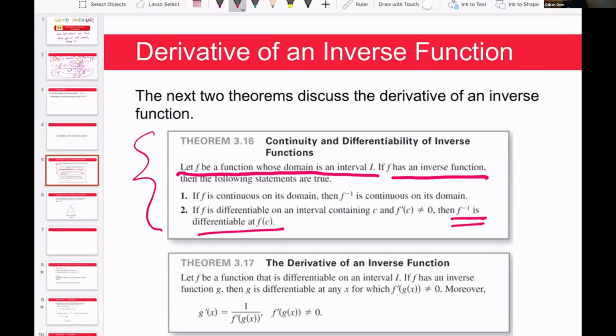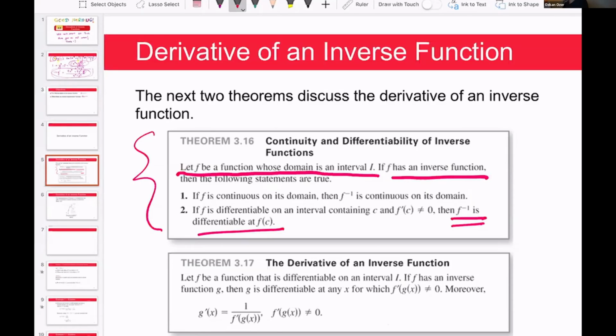Okay, so the existence of the inverse function is something that was covered in the preliminary section, the pre-calculus section. But this theorem says that if you have the inverse of the function, if it exists, then it's got to be continuous for sure, as long as f is continuous.